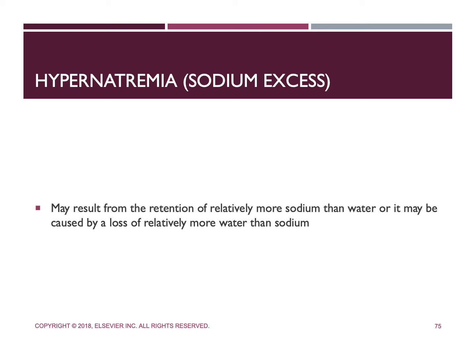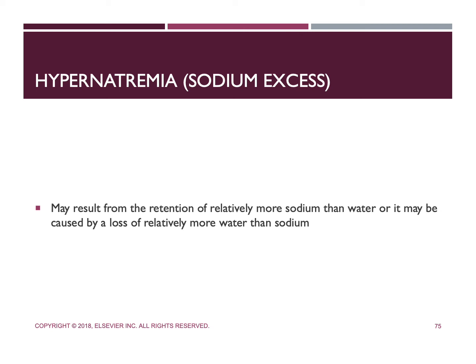Some possible causes of hypernatremia because of the retention of relatively more sodium than water include excess aldosterone secretion, excess secretion of adrenocorticotropic hormone, also known as ACTH, and hypertonic parenteral fluid administration. It could also be from inadequate fluid intake or even ingestion of abnormal amounts of sodium.